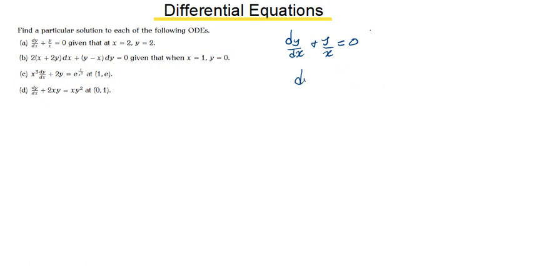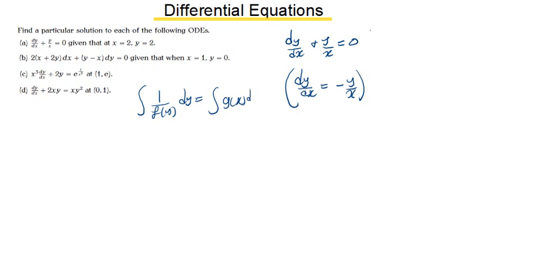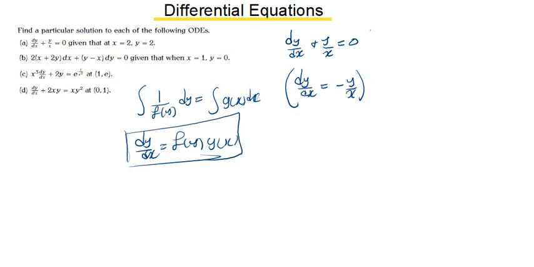To write it in the form you're supposed to, you have the integral of 1 over f of y dy equals the integral of g of x dx, according to when it's given as dy/dx equals f of y times g of x. This is a condition that is supposed to be satisfied when we are dealing with separation of variables.